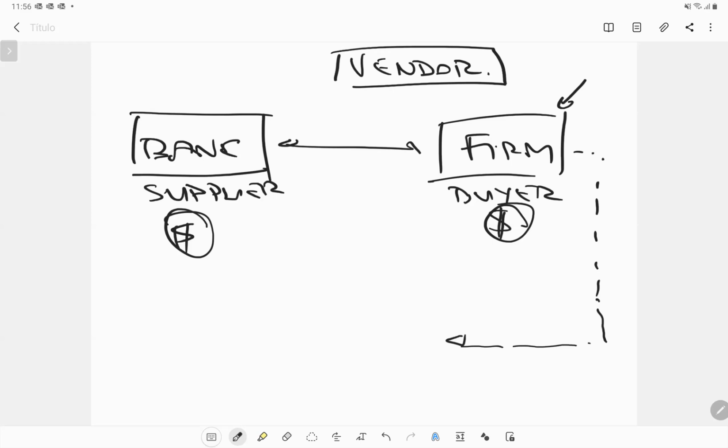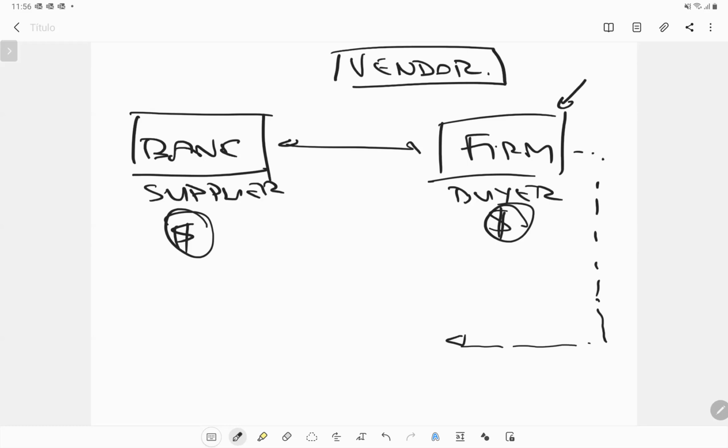The anchor firm is the most important firm in the supply chain, in this case JBS. It is the firm that has more power in the supply chain to manage cash flows and product flows. So this is the concept of anchor firm.